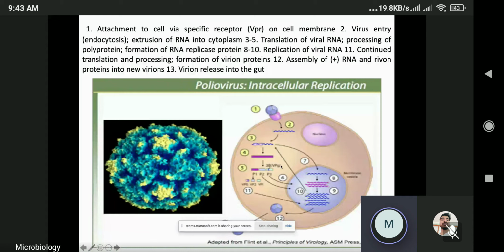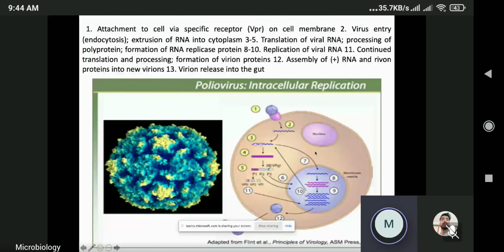Okay, and once the genome copies and the structural components are synthesized, they will be assembled, and finally they will exit from the host cells. So this is the outline of how these viruses replicate within the cells.